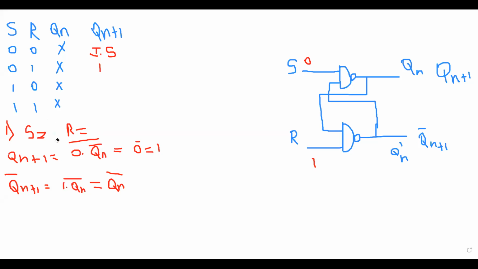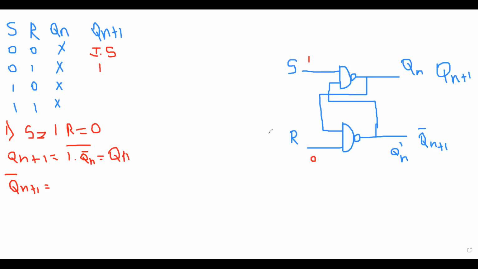Now the next condition, that is S is equal to 1, R is equal to 0. Here 1 into Qn bar whole bar, and it's equal to Qn.